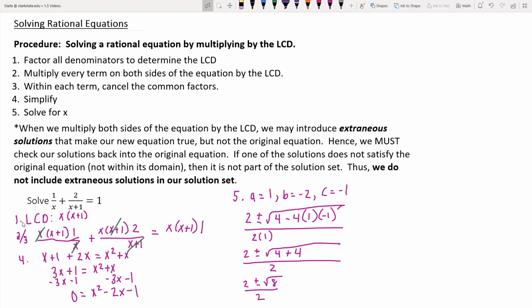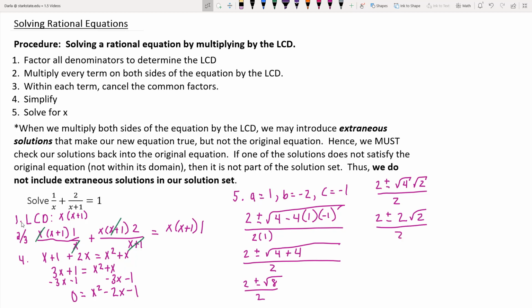And then continue to simplify. 8 has a perfect square factor. It has the factor 4, so that's a perfect square, times the factor 2, all over 2. But then that allows us to take that square root of 4 where a whole 2 comes out, all over 2.